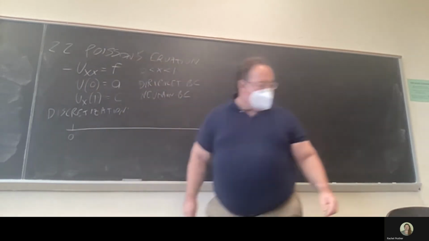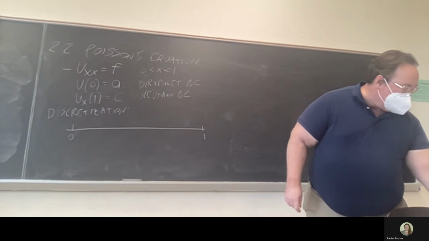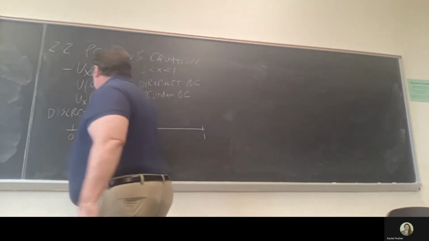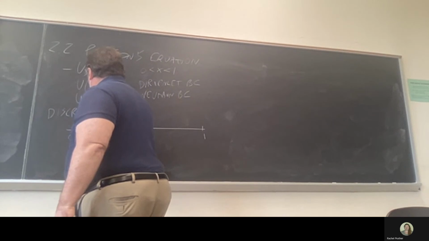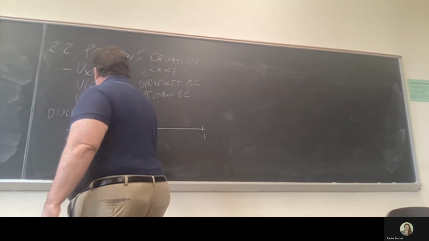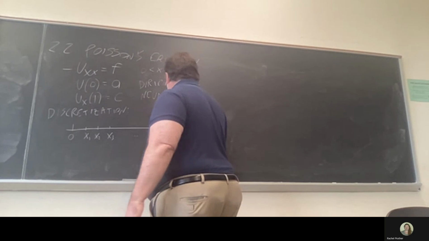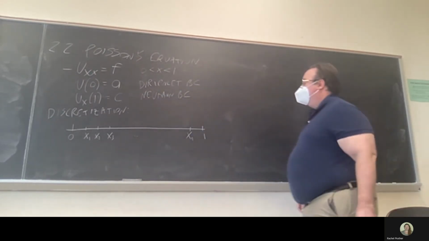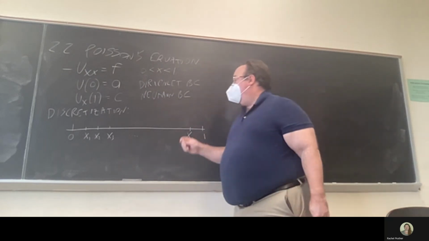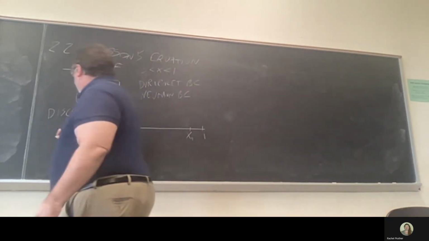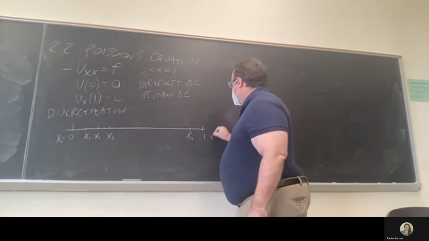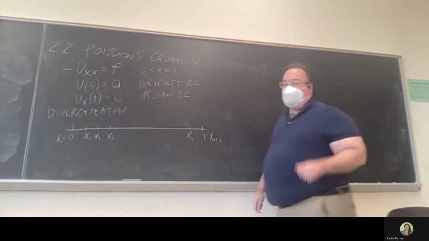Now, the way I'm going to define my grid is I'm going to have a certain number of interior points, x_1 up to x_n, and I'll define x_0 to be 0 for the left endpoint, and then x_{n+1} will be the right endpoint of 1.